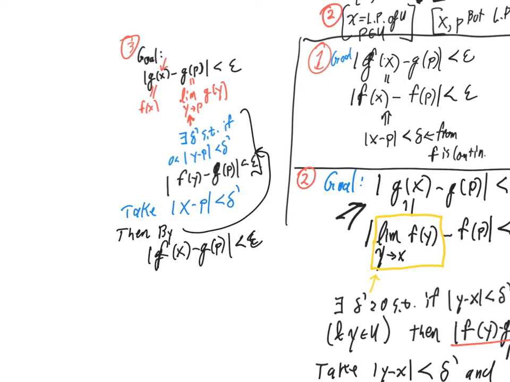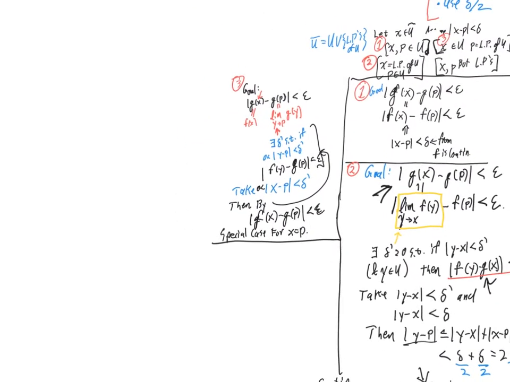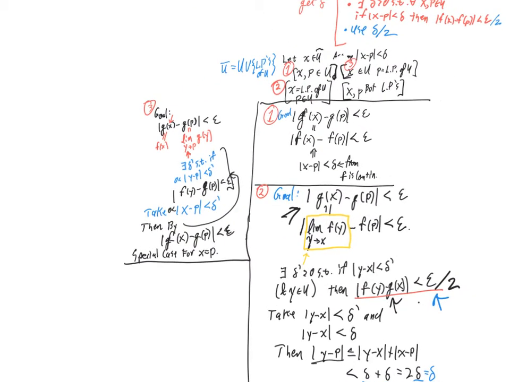There will be a stupid case, because I'll need 0 to be less than there. But if 0 is equal to the absolute value of x minus p, then x is equal to p, so g of x is actually equal to g of p. So I'll just put that there so that I remember to come back to that. So the final case, so actually that gives me what I need.